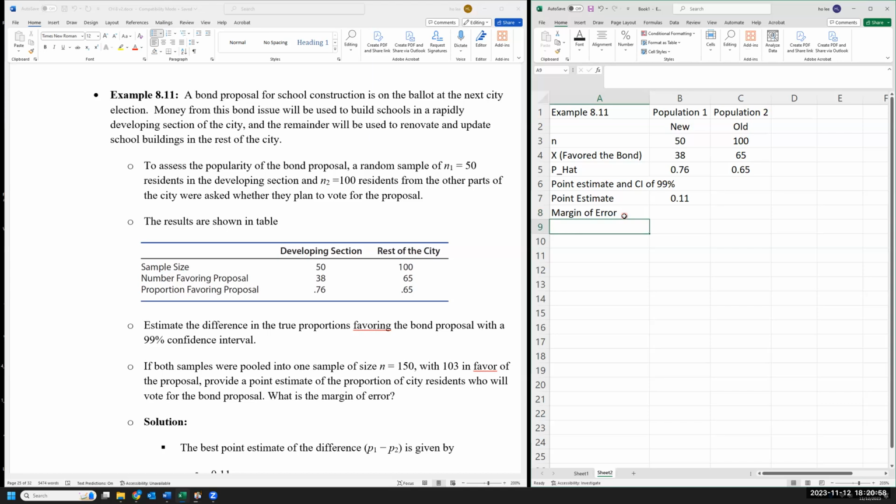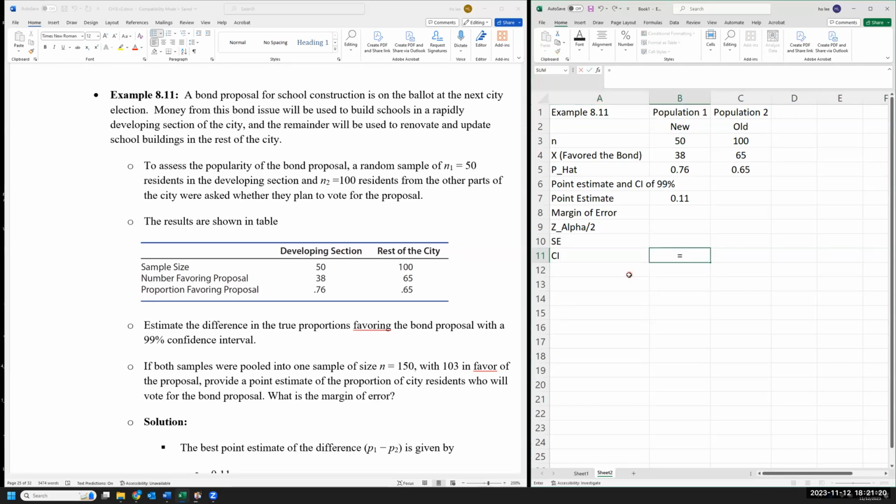That is equal to Z of alpha divided by 2 times the standard error. So let's calculate the Z of alpha divided by 2 first. In order for us to calculate the Z of alpha divided by 2, let's get what the confidence interval is.